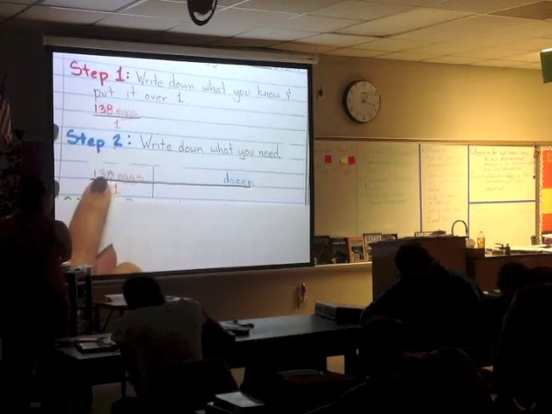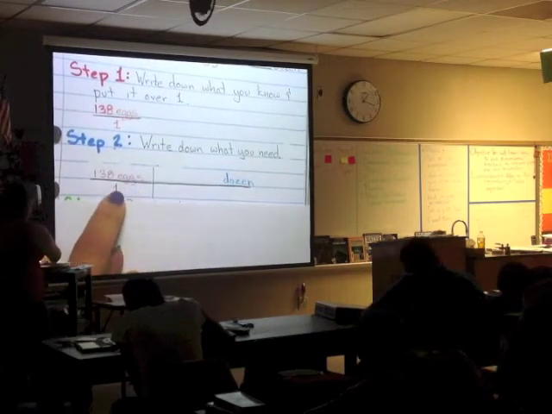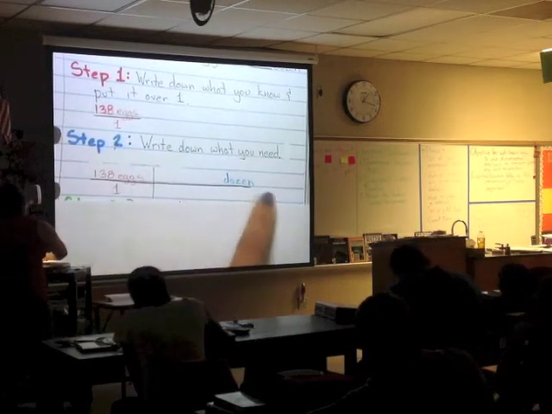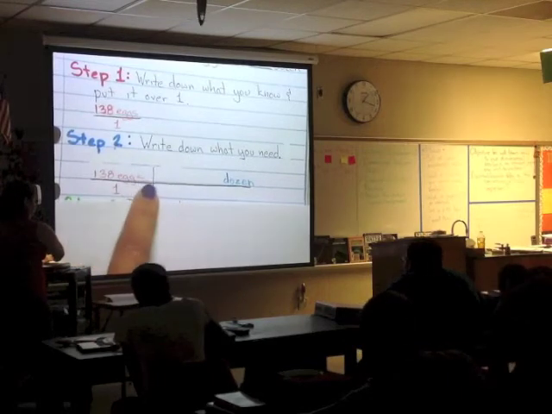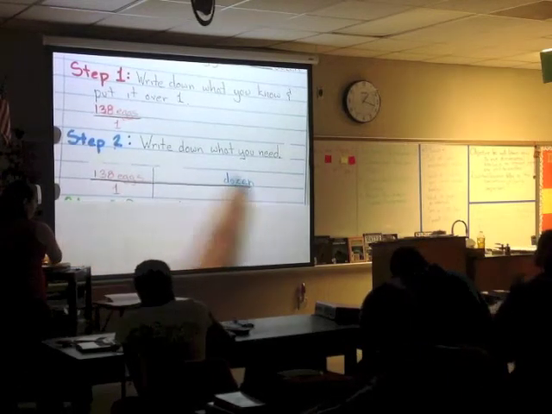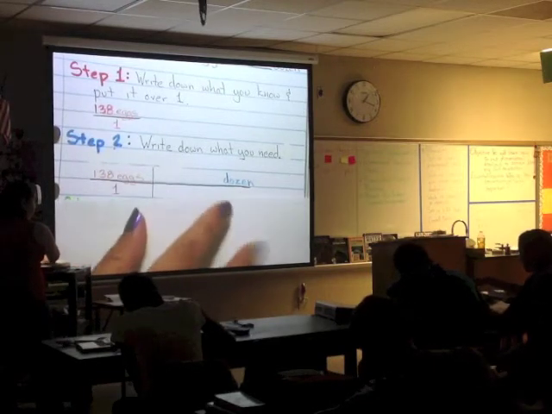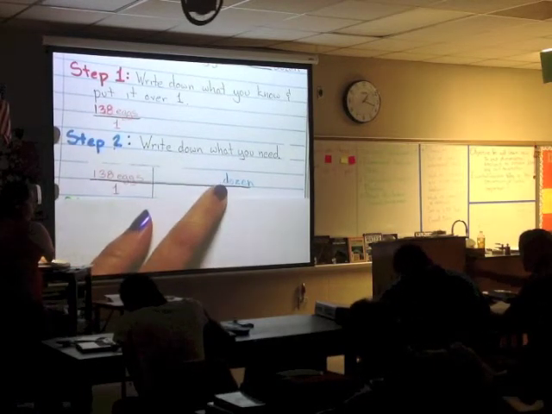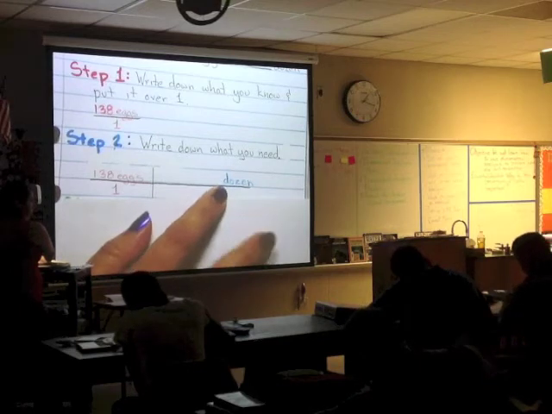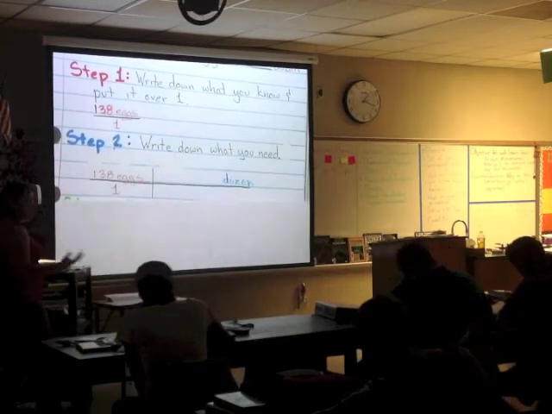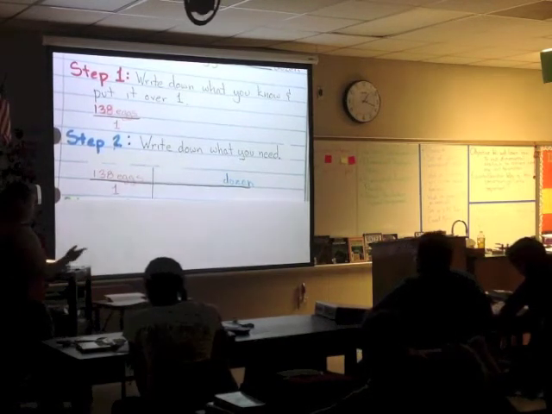So here I have my first step, 138 eggs over 1. I'm going to elongate the line across, divide my first section to my next section. And I'll write what I need, which is dozen. Okay? And the dozen will always go on top because we don't want any fractions.